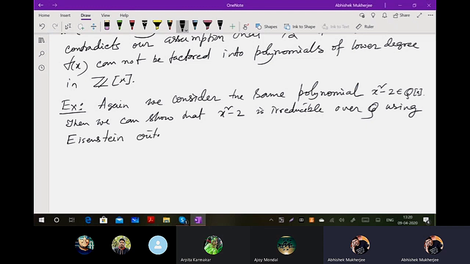So this is another kind of proof one can impose over this polynomial using Eisenstein criteria.